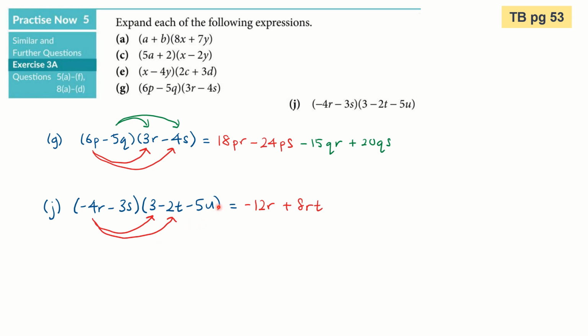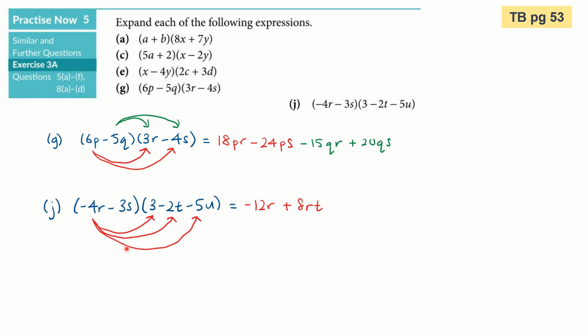And then because there are 3 terms found in the second pair of brackets, we need to remember to take negative 4r to multiply also with the negative 5u. So I hope that you have captured the entire idea of your distributive law. We are distributing from one term to the rest in the next pair of brackets.